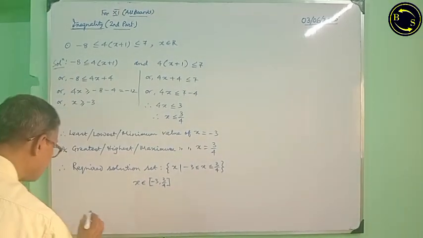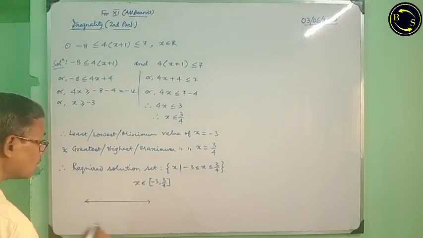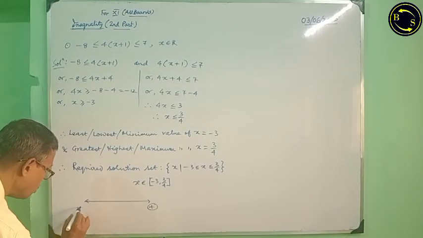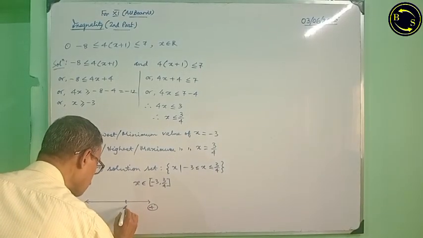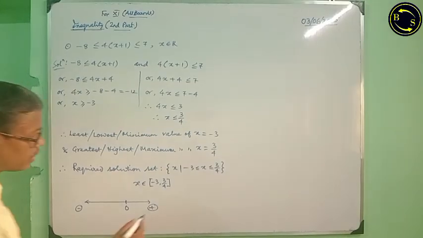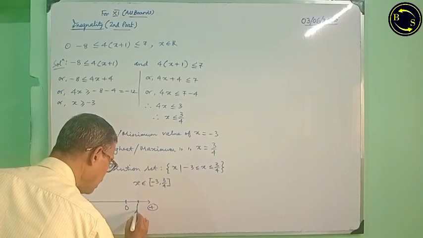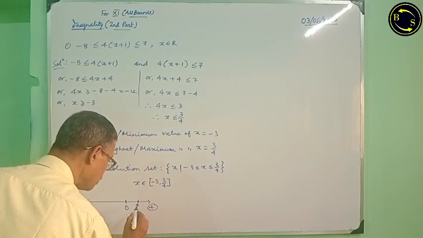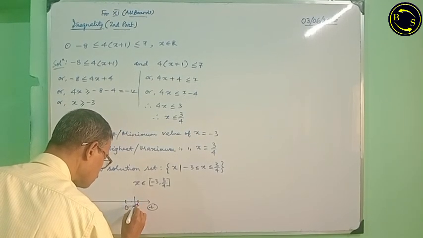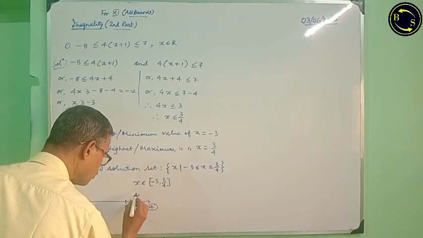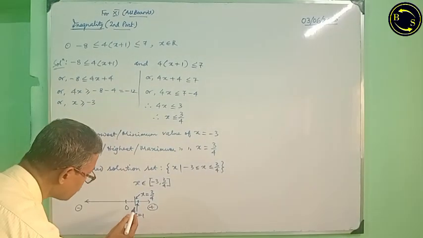And if we were to express that on the number line, we take this one as origin, then x less than equal to, if I take this one as x equal to 1, then this is x equal to 3 by 4, minus 3.